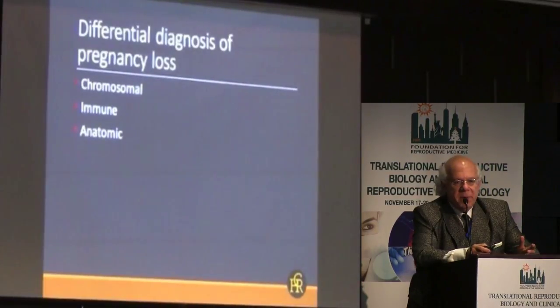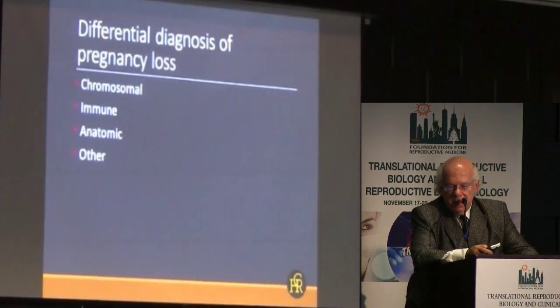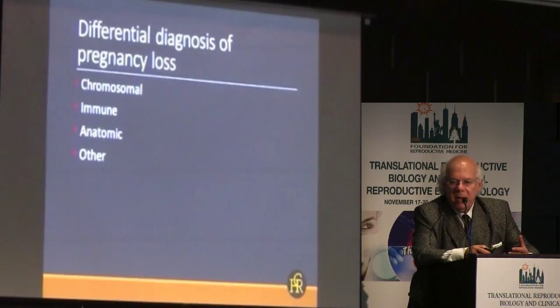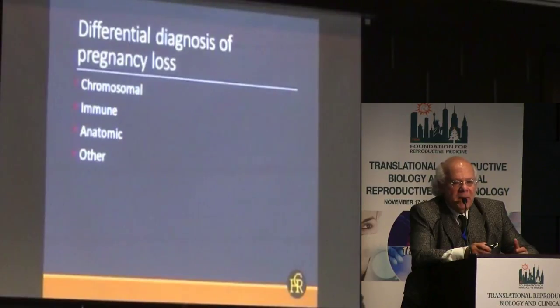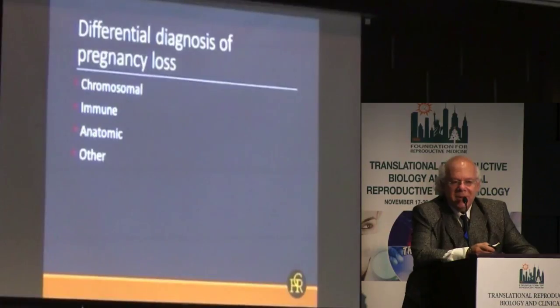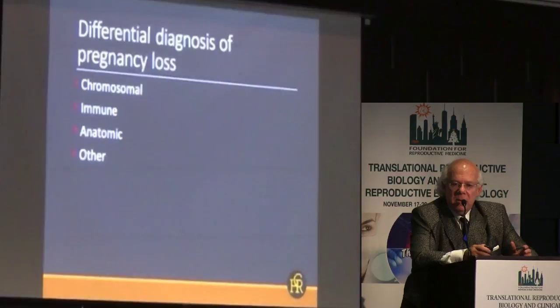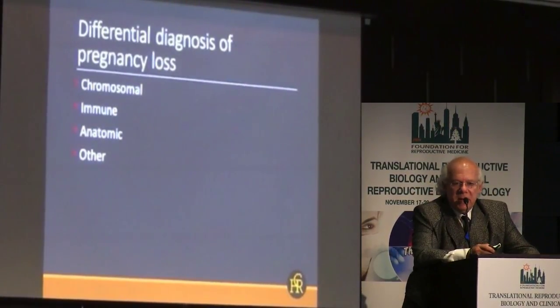Miscarriages obviously also can be anatomic, and I don't have to tell you that that can be easily investigated. And then there's obviously a plethora of other causes, not the least chromosomal abnormalities in the parents, balanced translocations that can become unbalanced, etc. So, in general, the recommendation for an immune workup is, as I said, once a patient is established as a repeat or habitual aborter, three first trimester losses, or two, one first and one second trimester pregnancy loss.